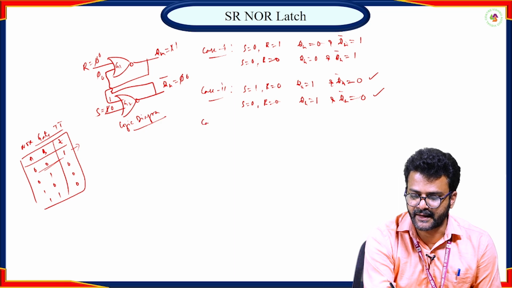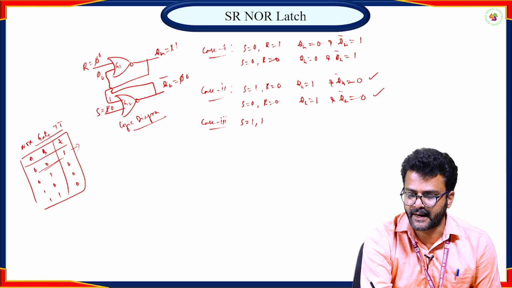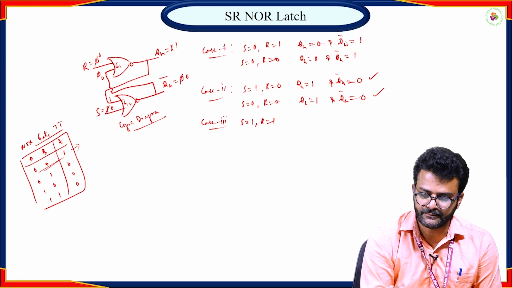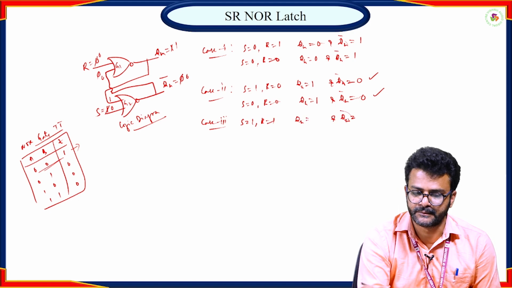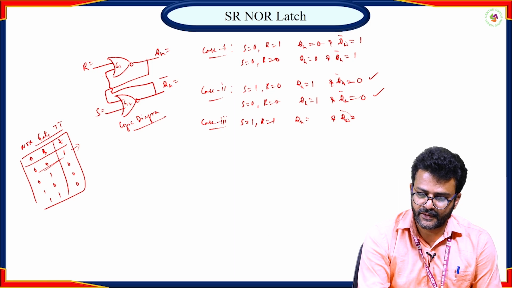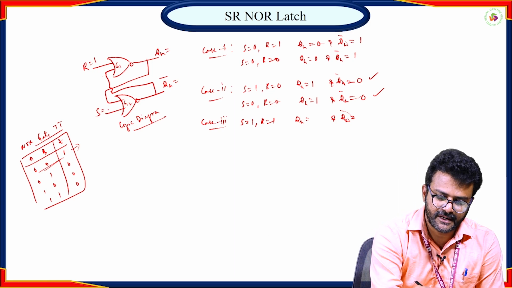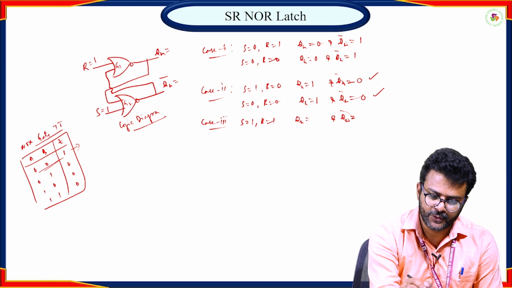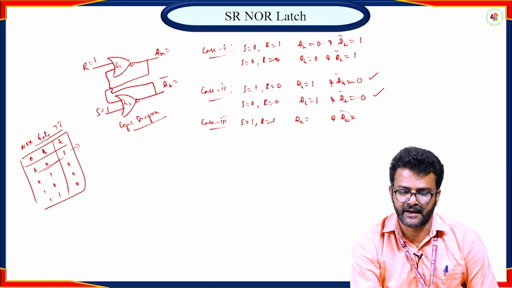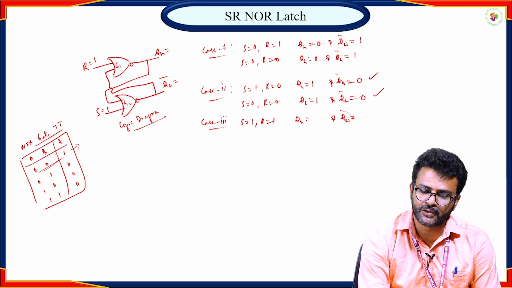Now we will check case 3, S is equal to 1 and R is equal to 1. And we check for Qn and Qn bar. So if you observe, both the values are 1, 1. In this scenario, for both gates G1 and G2, we have one input as 1.